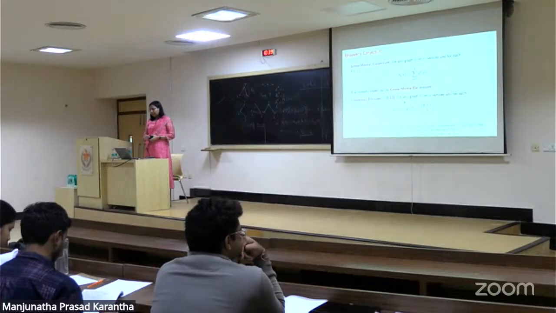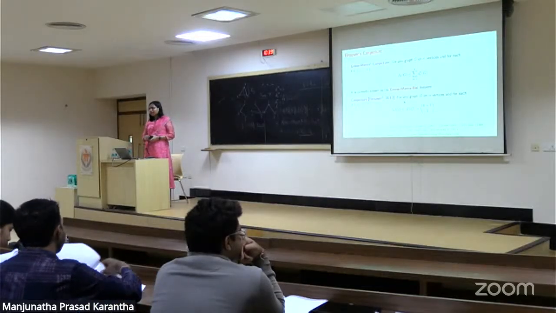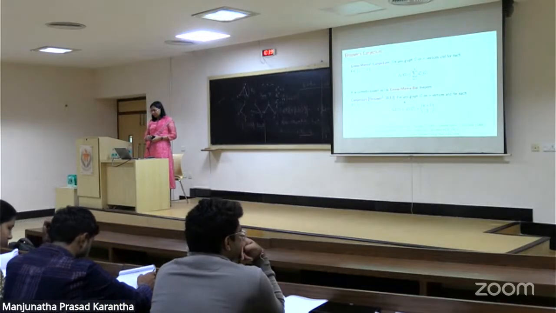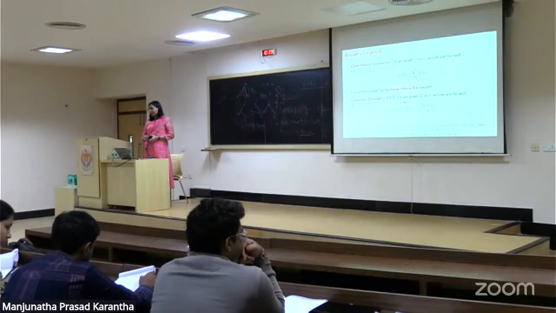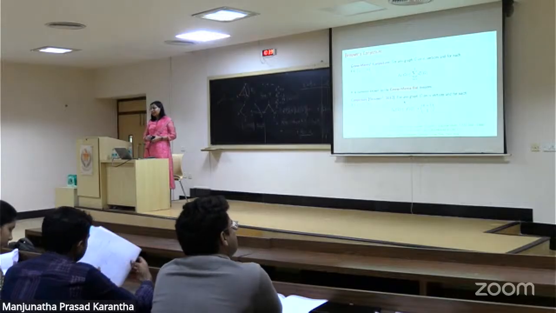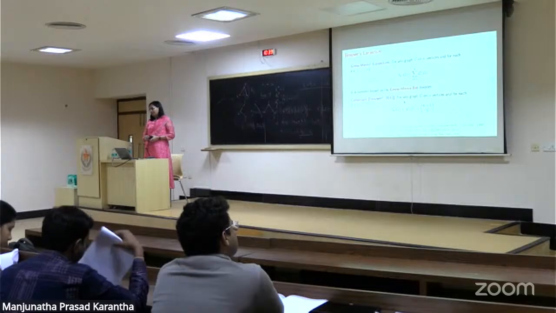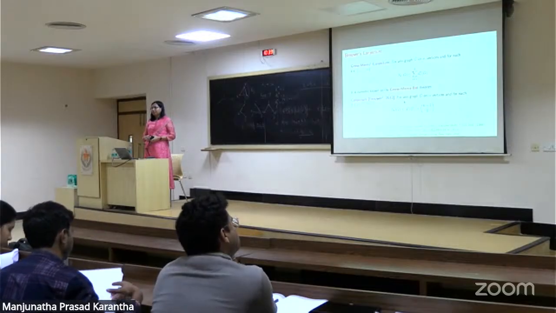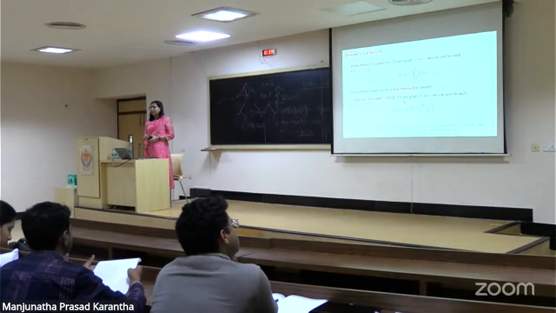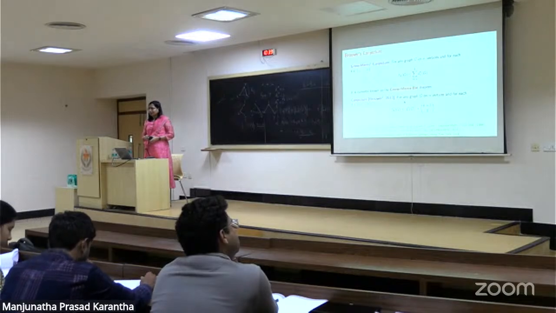So what was the conjecture posed by Grone and Merris? They posed the conjecture that S_k(G), that is the sum of the k largest eigenvalues, will be less than or equal to the sum of the k conjugate degrees.